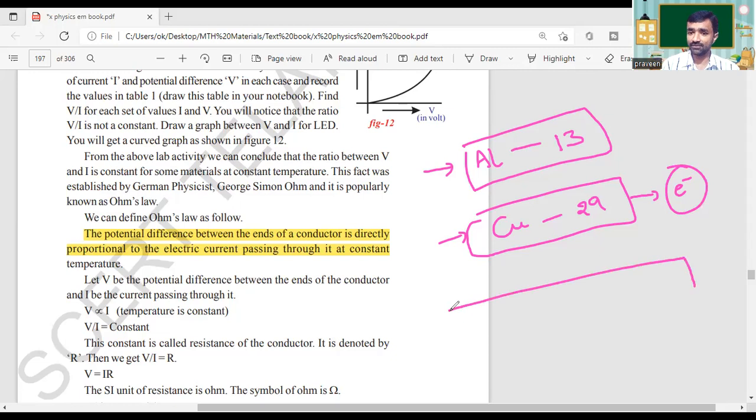So if you take a fixed length wire and fixed area, L is fixed and area also fixed, then what about the number of electrons situated in the wire? Are they the same? Not the same. So which has a larger number of electrons in the fixed area of wire?